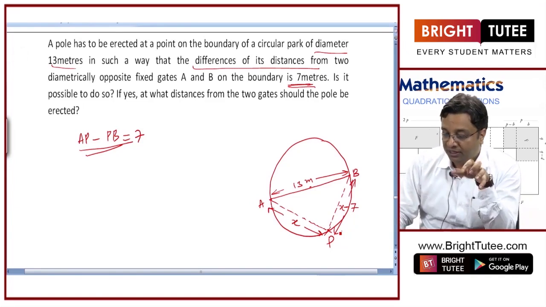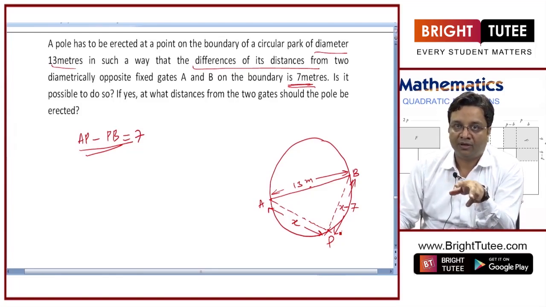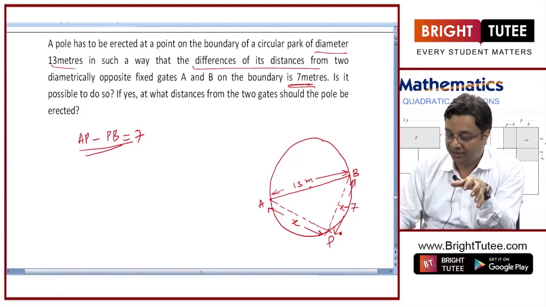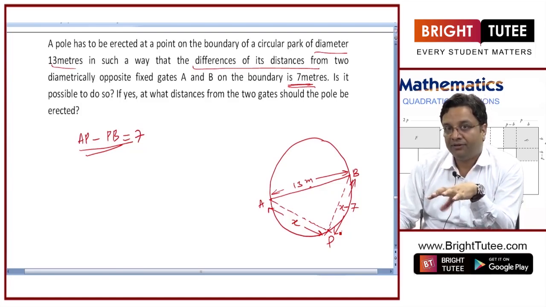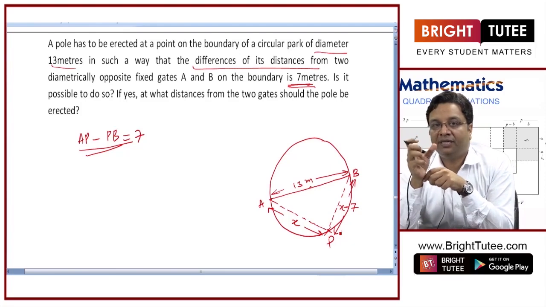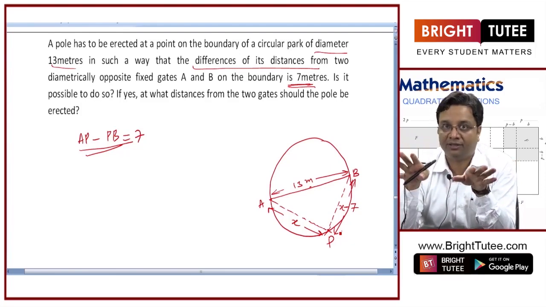Now if I form a quadratic equation from the given question and the discriminant is positive, I'll get two real roots, or if the discriminant is 0, I'll still get a real answer, right? But if the discriminant is negative by any chance, then the value of this distance will be unreal, so we cannot erect a pole in that situation.